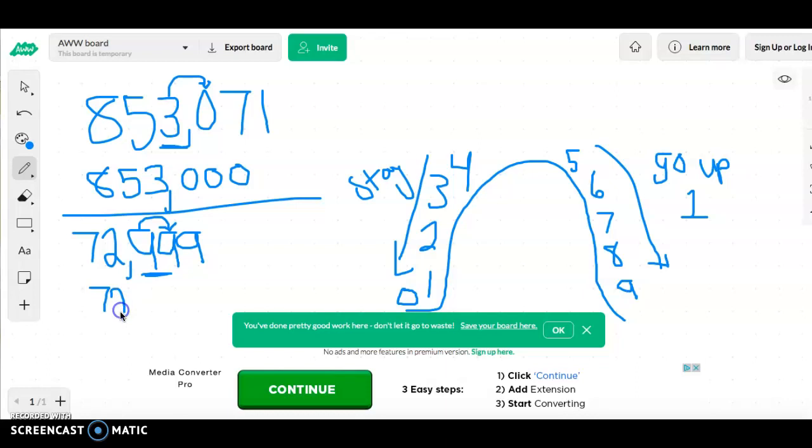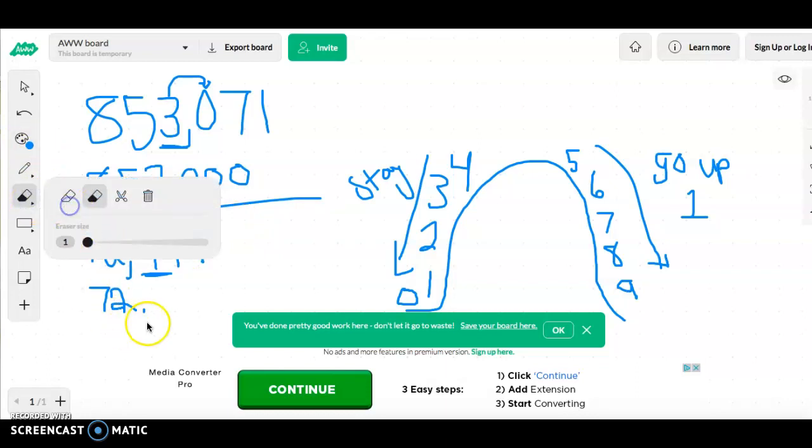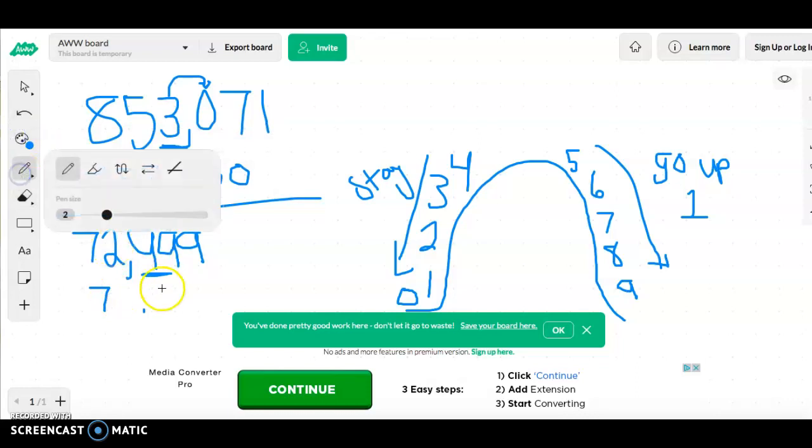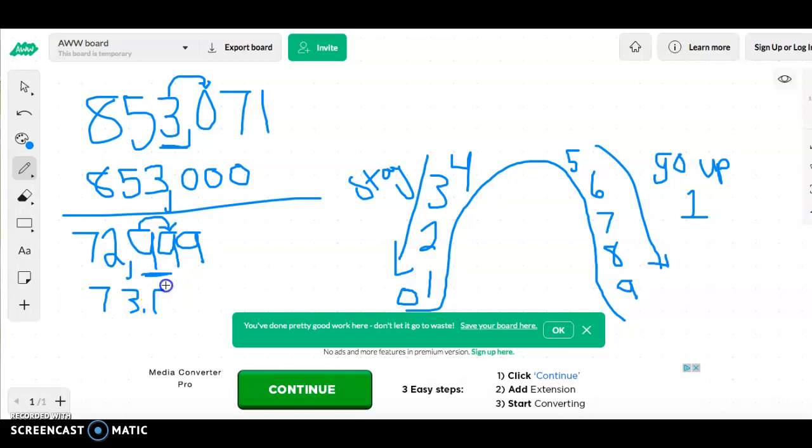Those numbers stay the same. 9 looks to the 9 and says go up 1. Well, 999 plus 1 would add. So now my number is 73,000.